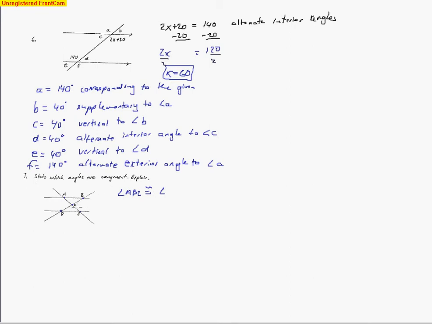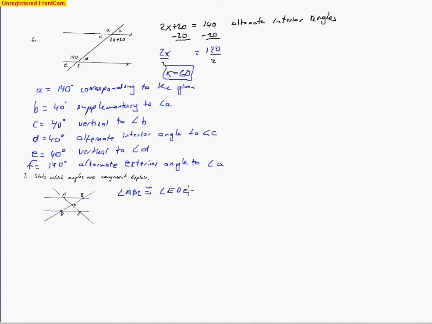Now, I have to be specific here about the angles. I have to look at these two triangles, and they're similar, so I have to specify the points that correspond with each other in the same order. So if I'm talking about A, B, C, well, A corresponds to E. So I'm going to start with E, and then D corresponds to B, so I'll put in D, and then C, well, those are the same points.